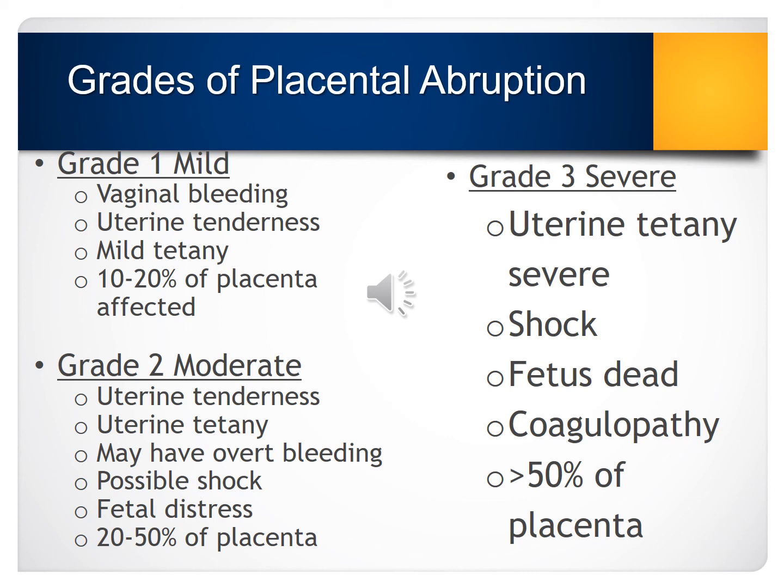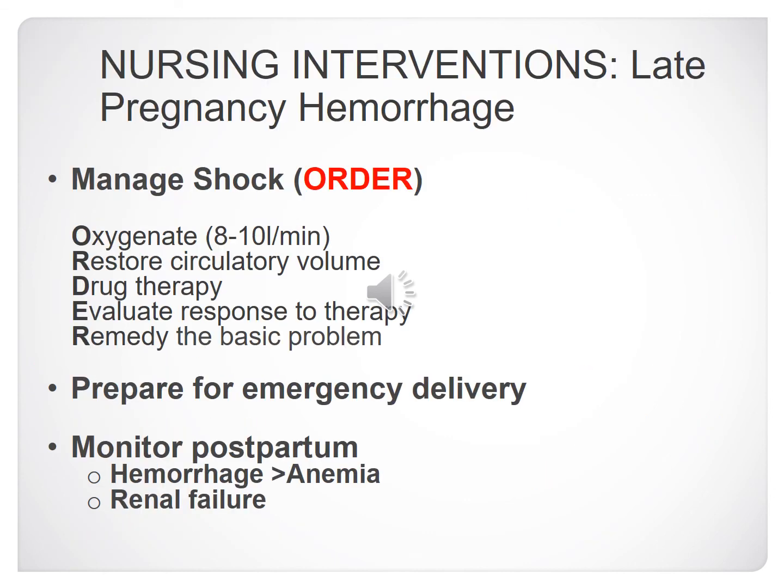Another cause of placental abruption is women who have used cocaine. Cocaine can cause an acute placental abruption, and so again, you want to be cautious and aware of your clients. Here I just did, this should be just review on how to manage shock, and I use the acronym ORDER.